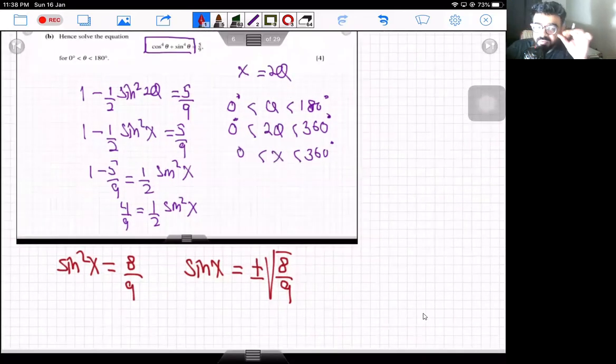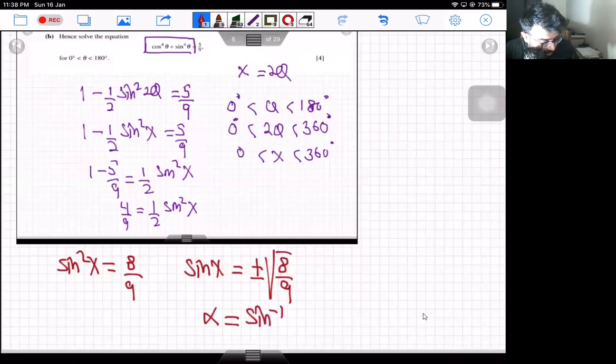So when you are finding the basic angle, you always have to ignore the negative sign. In order to find the basic angle alpha, since the basic angle alpha is always acute, it always lies between 0 and 90 degrees. So alpha is equal to sine inverse under root of 8/9.